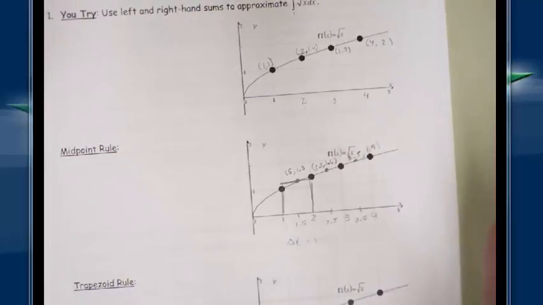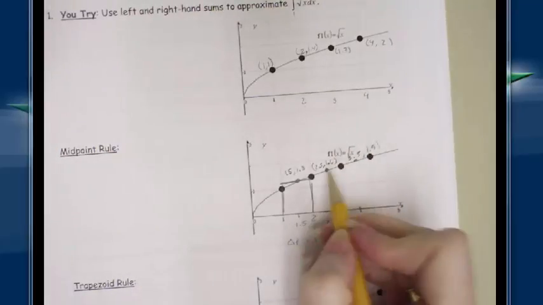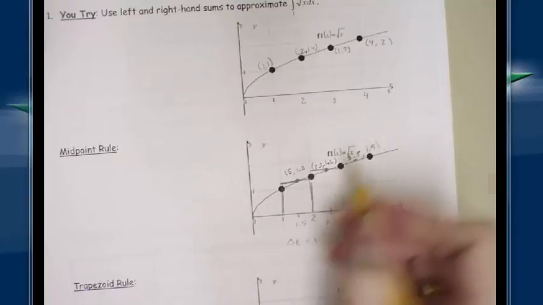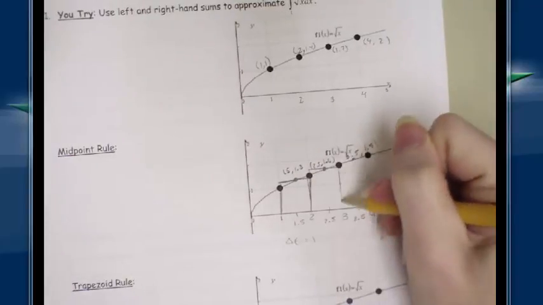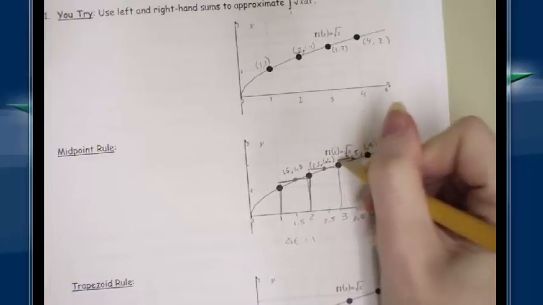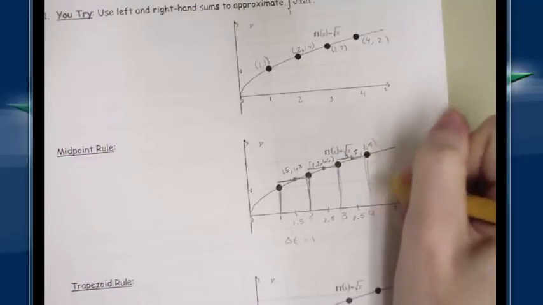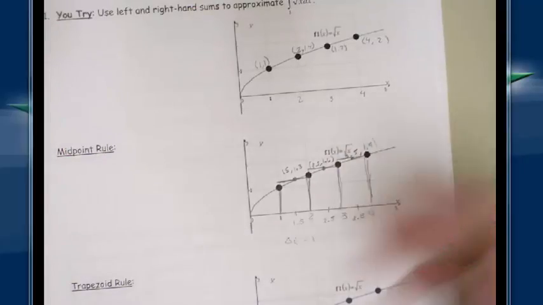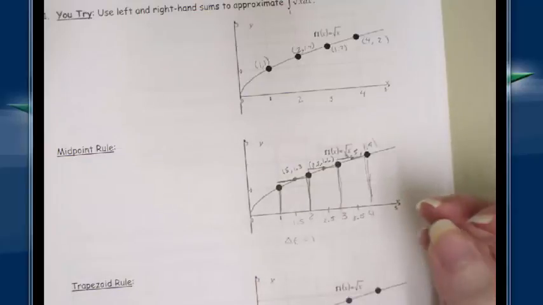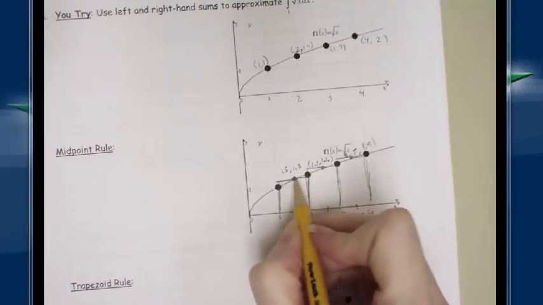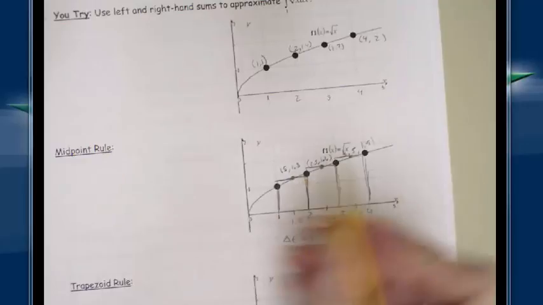So what stresses people out on these is that they think, okay, I'm working with the midpoint, that changes my delta t. My delta t is the length of these towers. My delta t is still 1, okay? It's just where am I getting the y value from? I'm getting it from the midpoint.